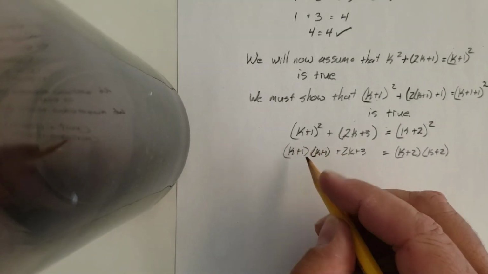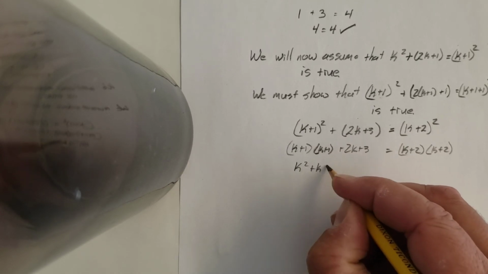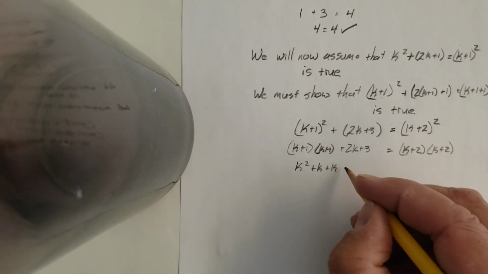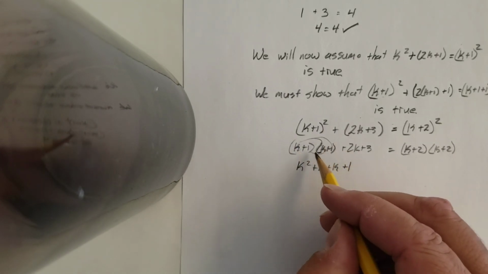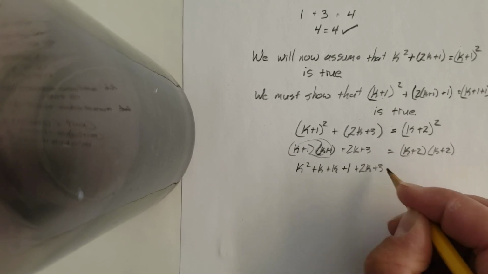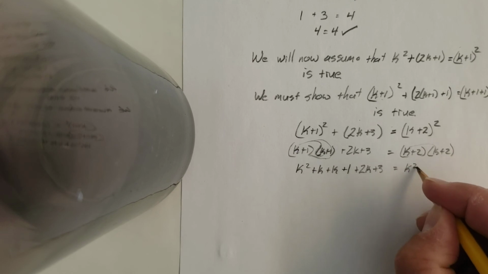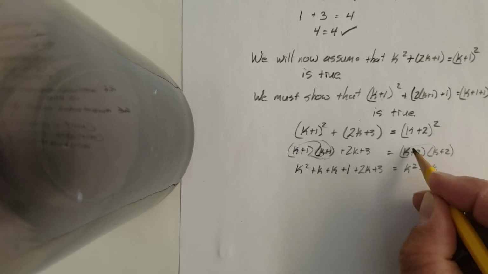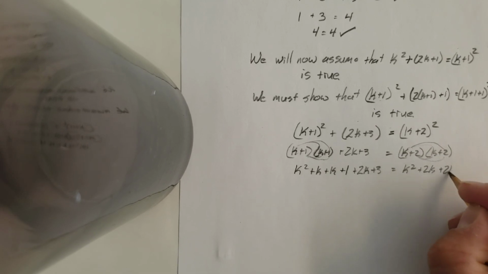Now I FOIL, and I get k squared plus k plus 1, right? K squared plus k plus 1 plus 2k plus 3 equals k squared plus 2k plus 2k plus 4.